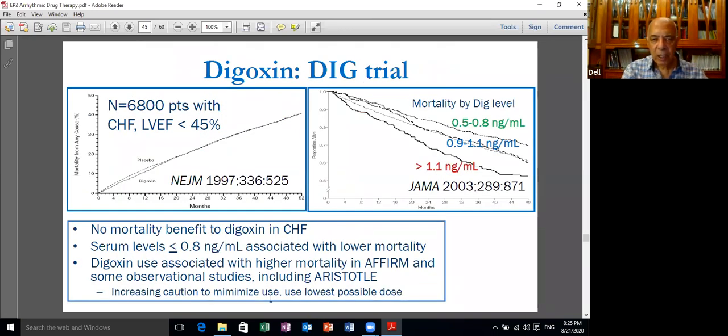Everybody knows the DIG trial, which is the only randomized trial, done almost 20 years ago, and it was a neutral trial. But several years after the publication of the DIG trial, we had another smaller trial, which showed us an important thing. The effect of digitalis is equivalent in small doses, but the toxicity is less whenever you have a digitalis level somewhere between 0.5 and 0.8 nanogram per milliliter. So we usually opt for a smaller blood level.